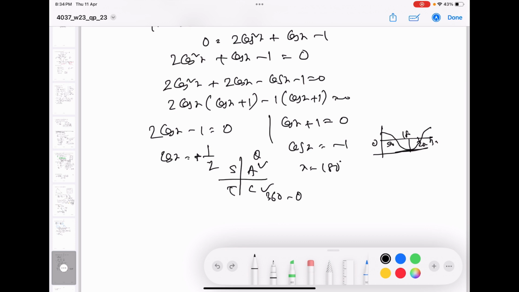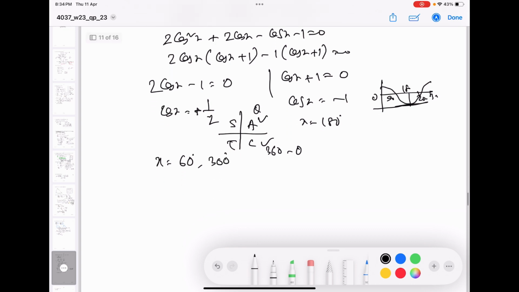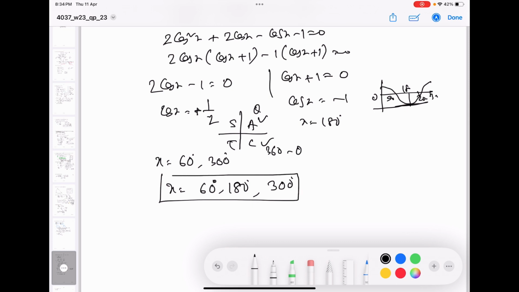Cos inverse half, that is 60 degree. So x equals to, one is 60 degree, another one is 360 minus 60 degree, so 300 degree. Now final answer is x equals to 60 degree, 180 degree, and 300 degree. Okay, this is the final answer.